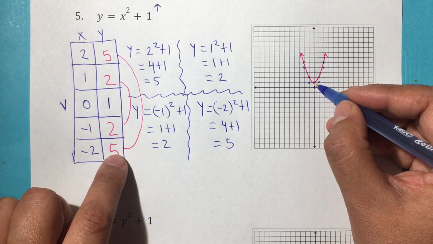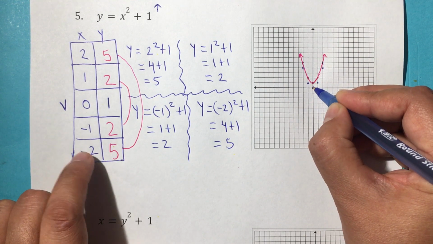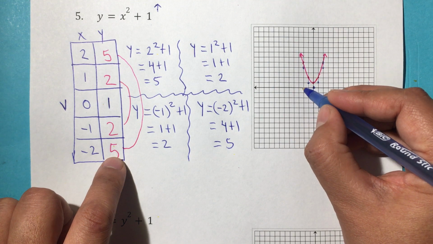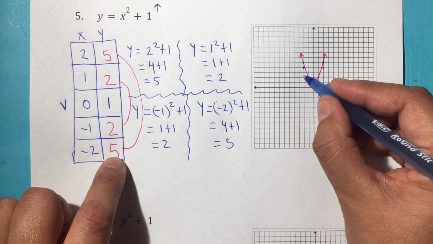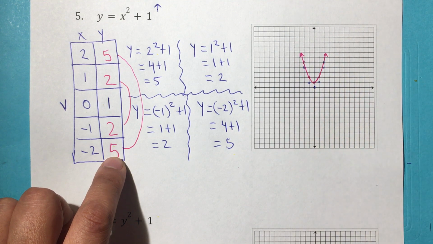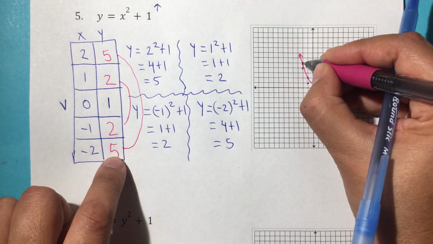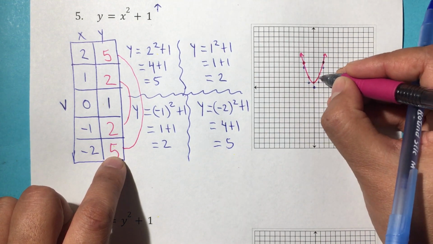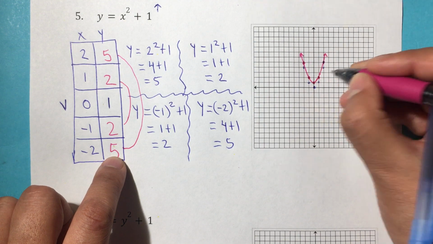And then -2, +5. See? So every single point went up 1 space compared to the mother graph.